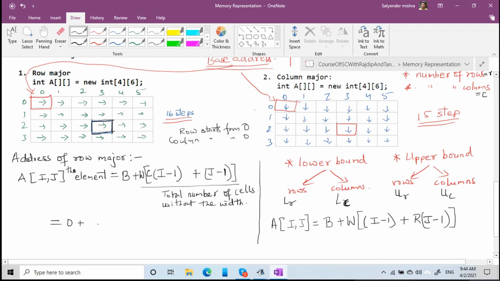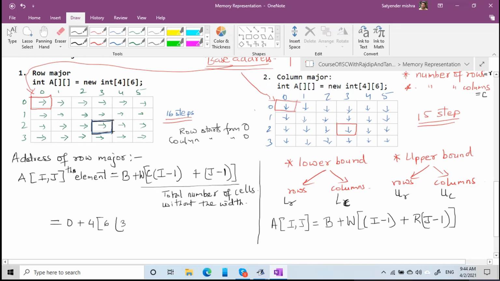Say, for example, this is an integer variable, so I am putting 4 here, and the number of columns is 6. We are looking for cell number 3, 4.